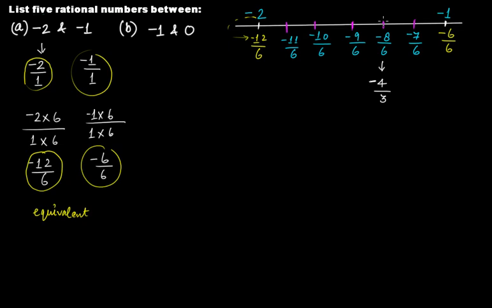Okay, same thing is for 0 and minus 1 actually. Same thing. Think of it as two destinations. This is minus 1. This is 0. So how many rational numbers you have to find? You have to find 5.